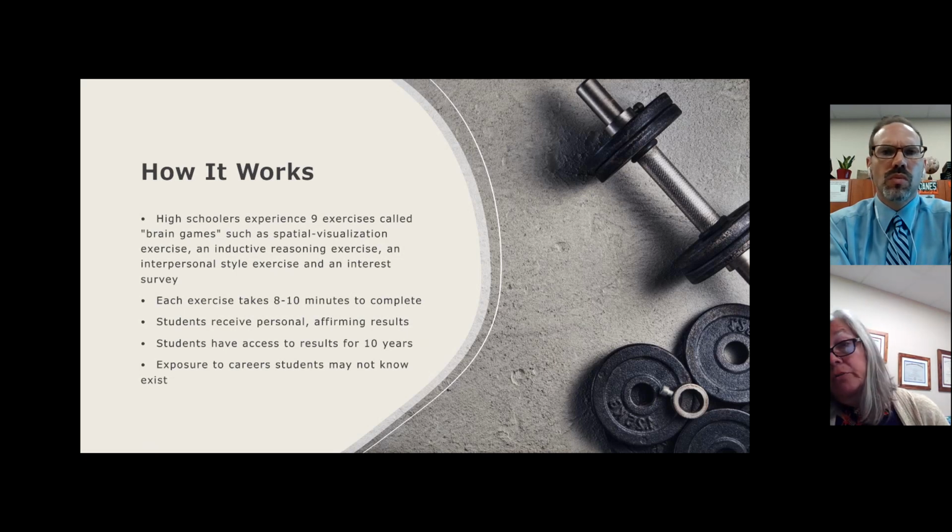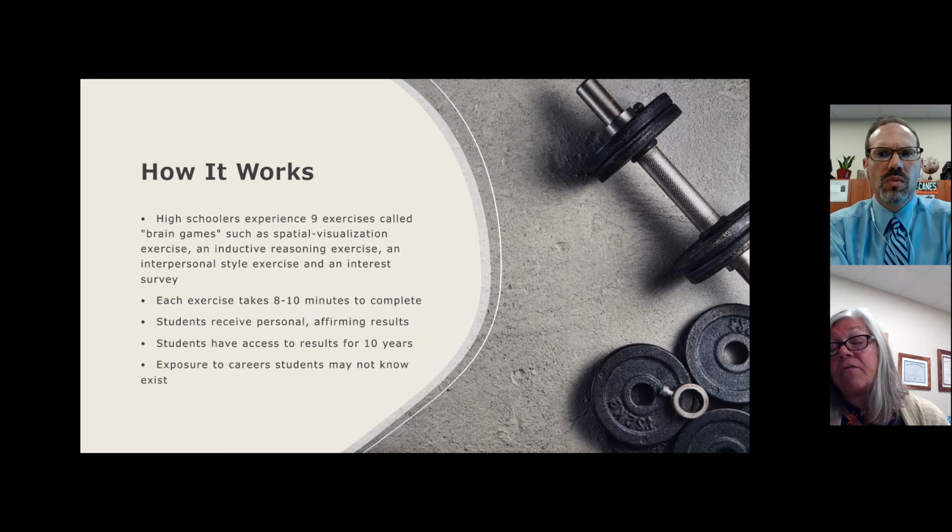For middle schoolers, it's a mini session, and this comes in 8th grade. They will have 5 different exercises as well as an interest survey when they take the 8th grade portion of YouScience. Each exercise is very short and timed, 8 to 10 minutes on average.